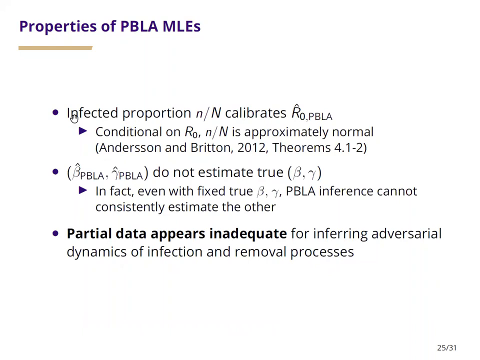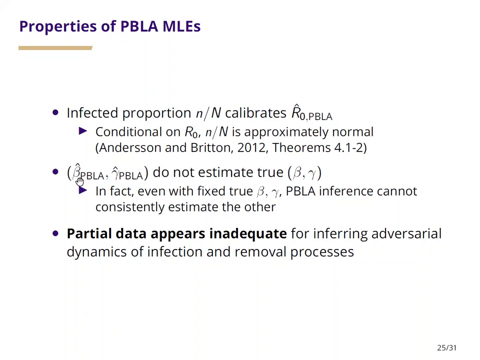So here in the simulation study, I've suggested that the infected proportion n over N seems to calibrate our estimate for the basic reproduction number. And I think this may be related to a theorem from branching approximations from Anderson, Britton, 2012.